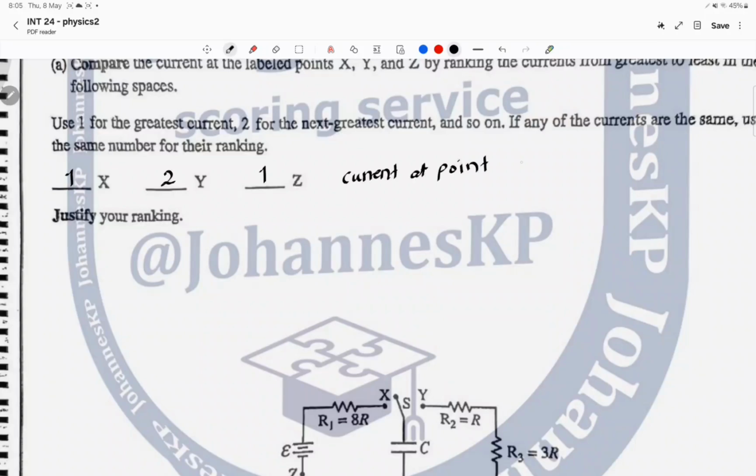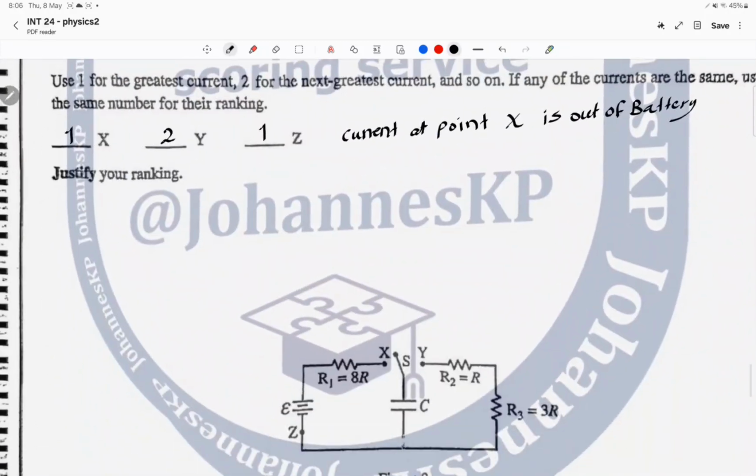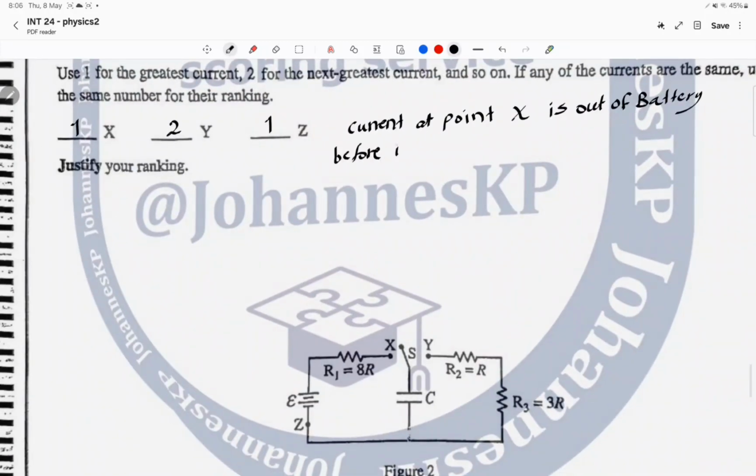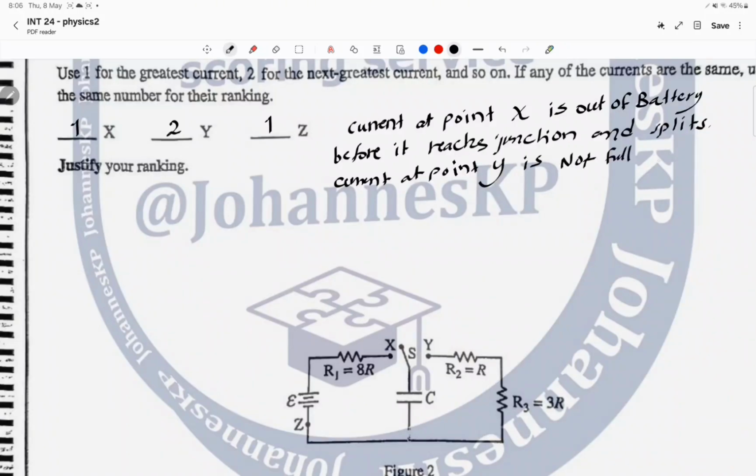at point X is out of the battery, X, before it reaches the junction and splits. A current at point Y is not the full amount, as some current went to R4.